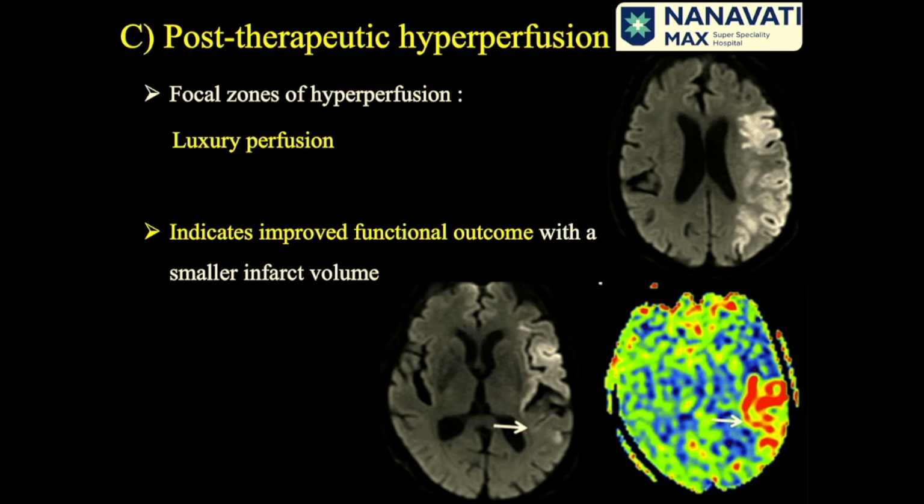It is also useful, you can repeat it many times, in a post-therapeutic hyperperfusion situation. So you know that this particular patient who had a large diffusion defect, a lot of it has reversed back on diffusion on post-thrombolysis MRI, and that area is hyperperfused on ASL imaging.